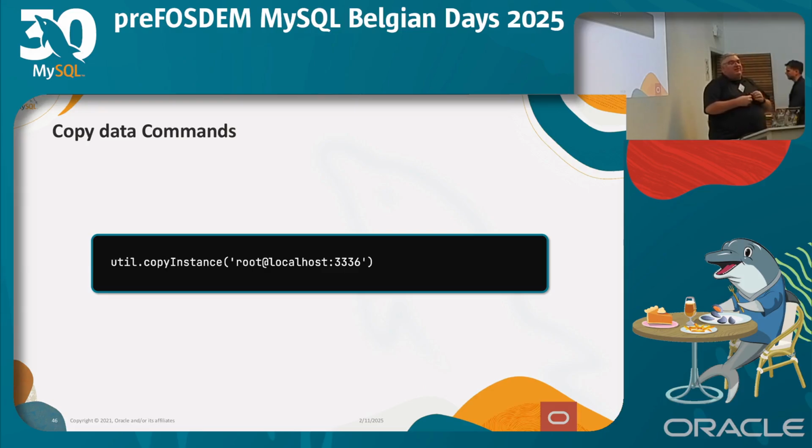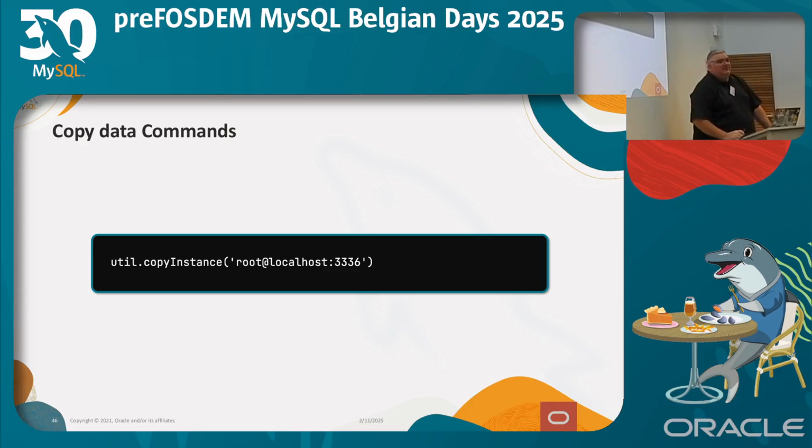Whatever machine you're connected to when you run load, that's going to be the source of the data. So the instance you're connected to is the source, and then you provide the target. So the current session is the source. If I was SSH'd into a machine that had access to my production database and I ran this command, it would take my production database and dump it into the sandbox.